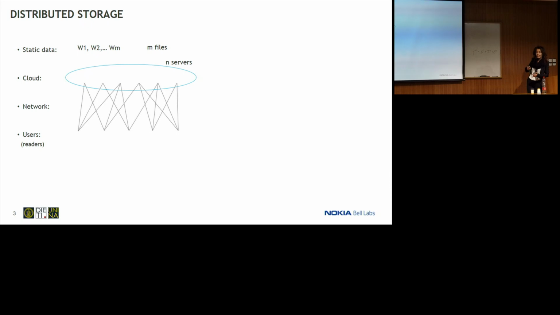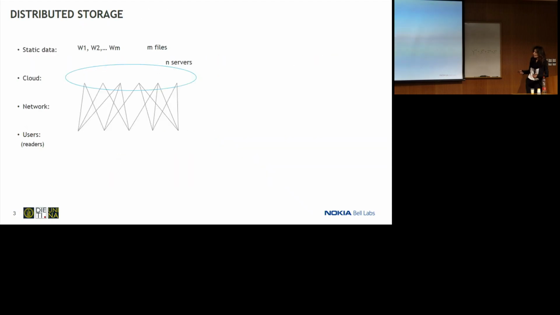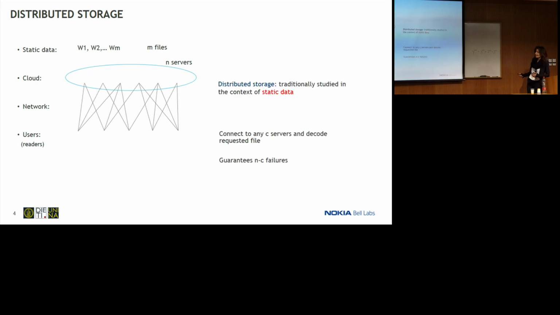By replicating or encoding data across multiple servers, the user can have access to the data even if some of the servers fail or some of the servers are too slow to respond. However, distributed storage has been traditionally studied in the context of static data.